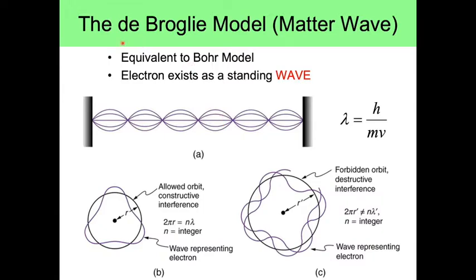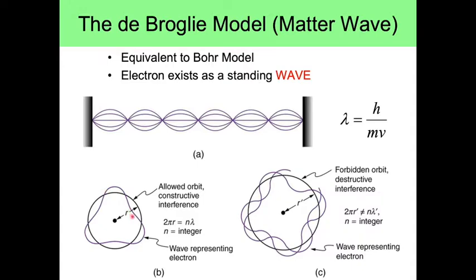One explanation can be made by the de Broglie model. He treated the electron as a standing wave, or matter wave. Matter can be treated either as a wave or a particle in quantum mechanics. So he explained the behavior of electrons, which is normally perceived as a particle, by treating it as a wave, like traveling along a chord.